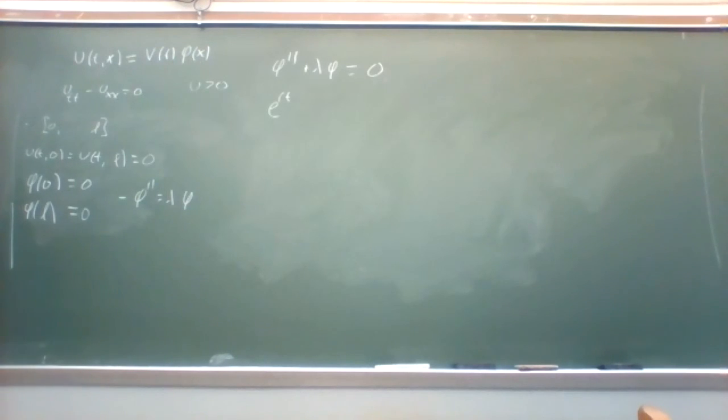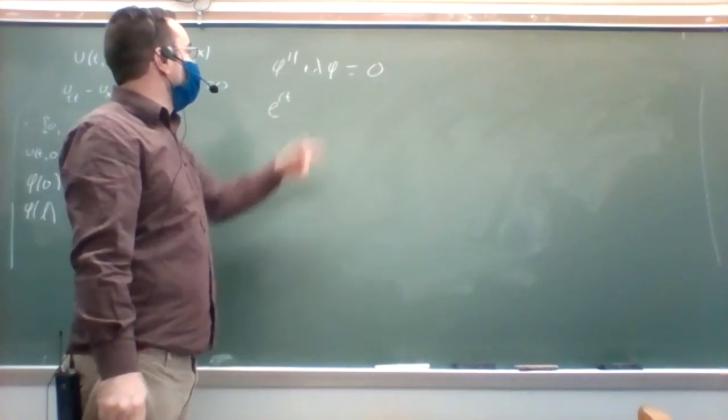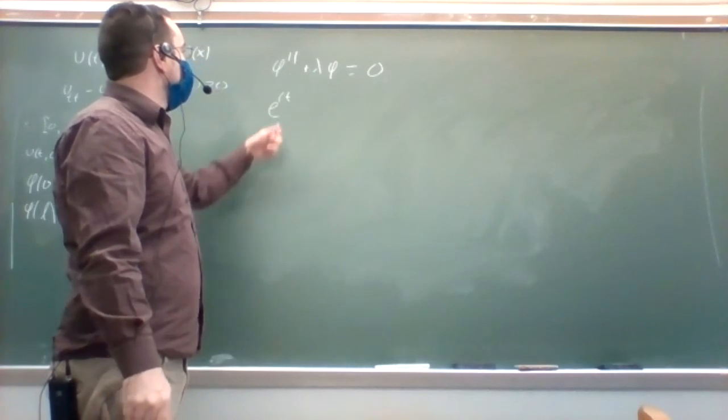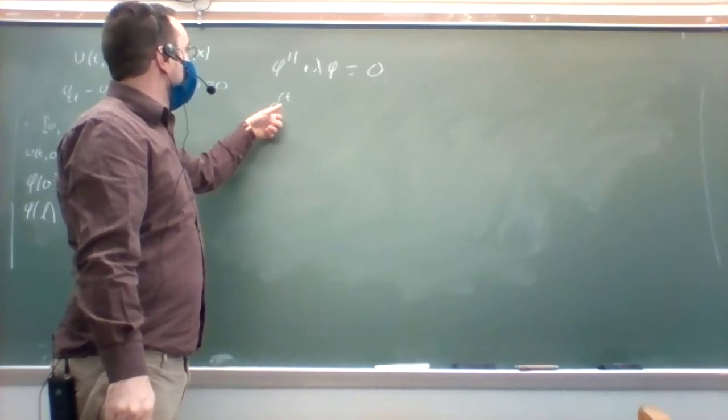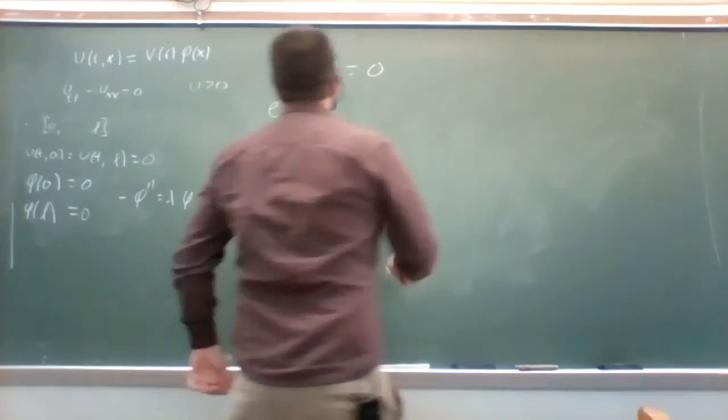Why would you possibly search for a solution like that? If you stare at this problem long enough, it starts to make sense, because these are the functions where, if you plug that in, what happens?